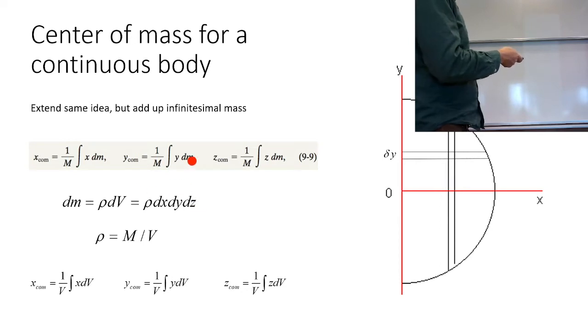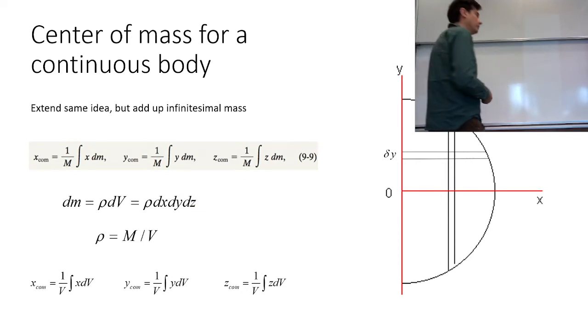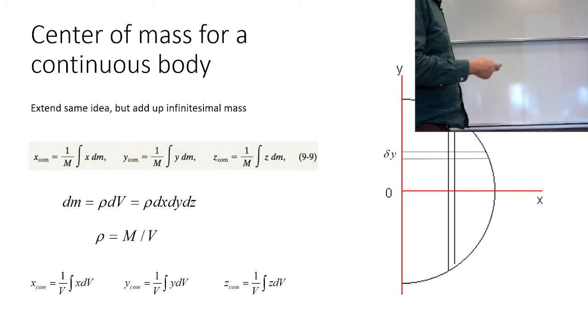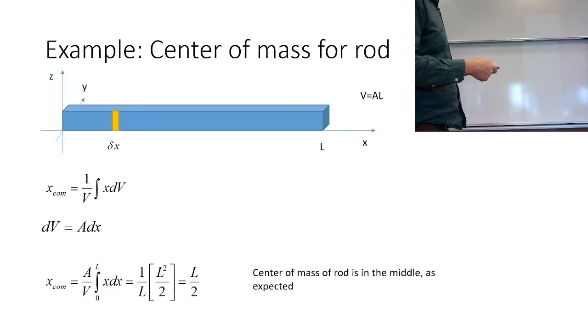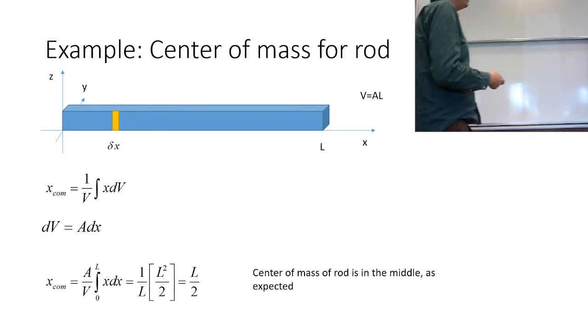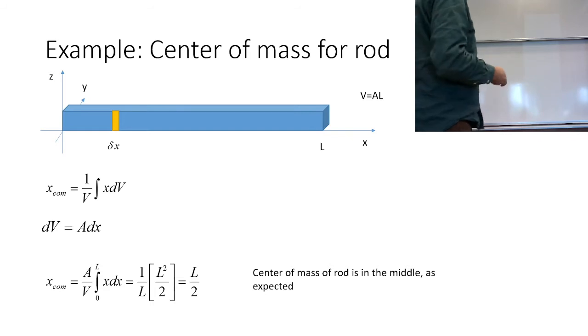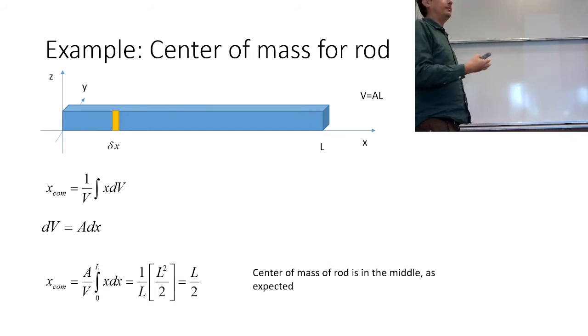In general, this is a multiple integral, which I'm not sure if all of you have done. So usually we look at simpler problems like this where you don't have to do a multiple integral. If it has symmetry in one direction, for example this rod is the same shape along any point in its x-axis, then you can just do a 1-dimensional integral.